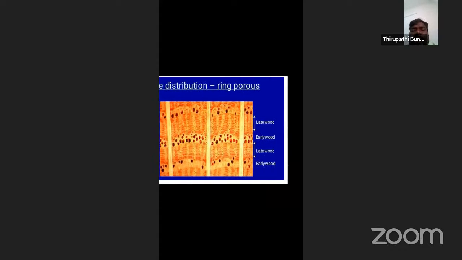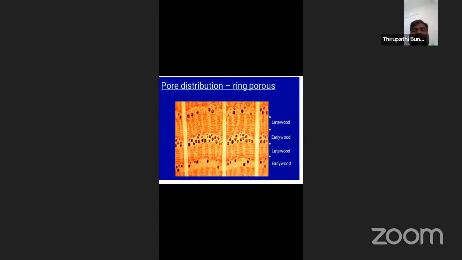See the pores, this is the pore distribution on the wood. Next, semi ring porous, for example black walnut, butternut, and hickory. The pores transition from large to small diameter within the growth ring.